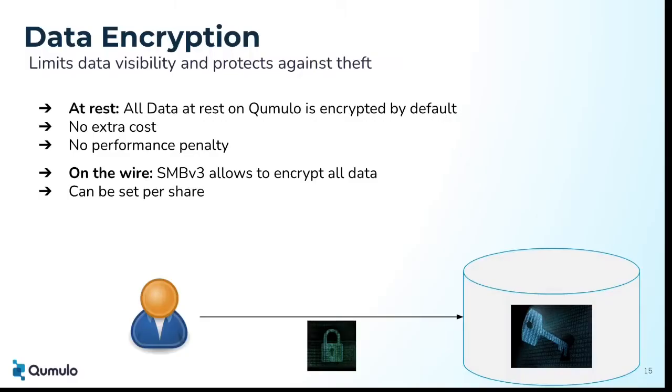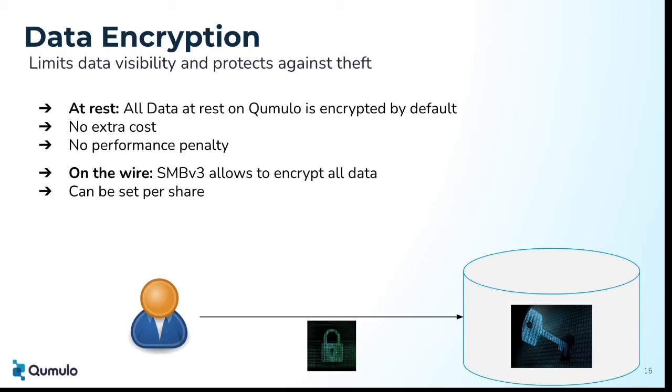And then some words on data encryption. Data at rest is by default encrypted on Qumulo. There is nothing that you need to do about it. The encryption keys are stored on the boot drive. There is just a command to show them or to rotate them. So again here, very easy to manage, nothing really to do for the administrator.